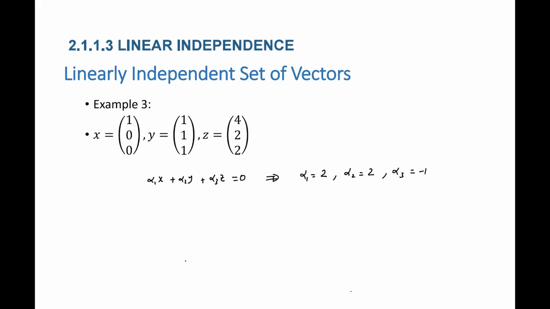Then I'm going to get (2, 0, 0) plus (2, 2, 2) plus (-4, -2, -2). Indeed, this is the 0 vector, and so these 3 vectors are considered linearly dependent. They depend on each other linearly.